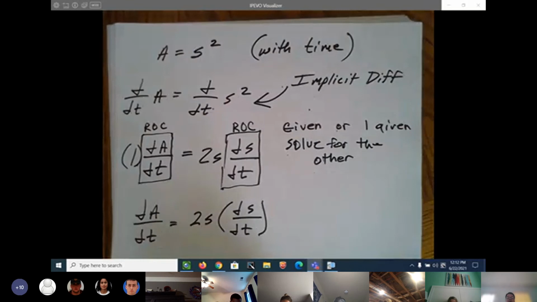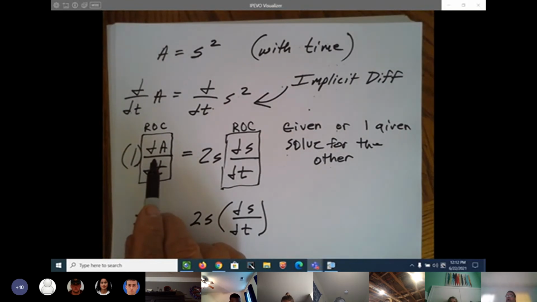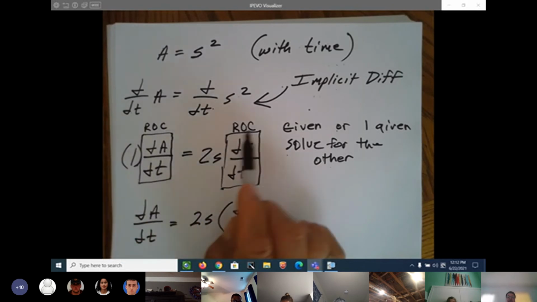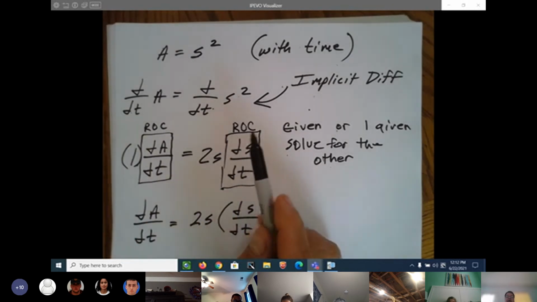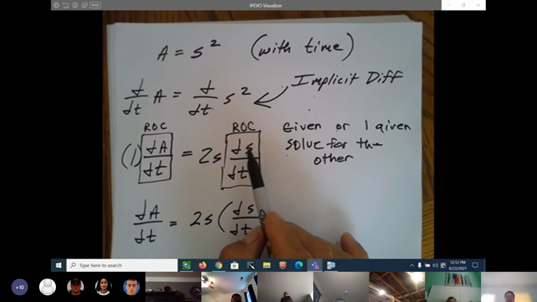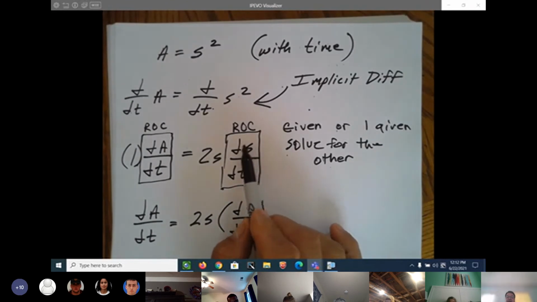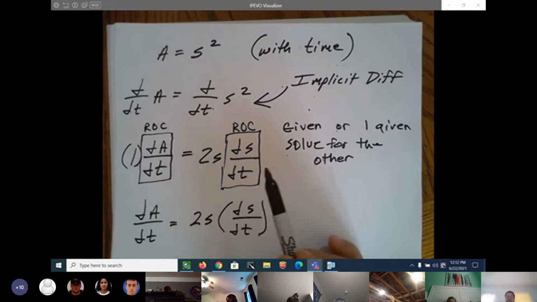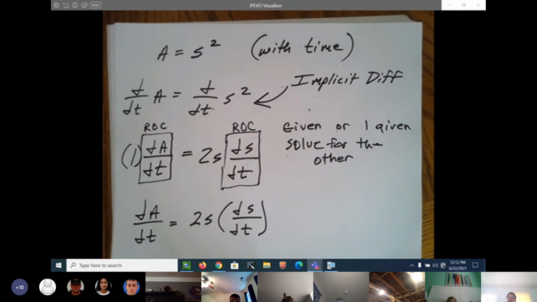Okay? So this would be area. Let's say the area changes on a circle 3 meters squared per second. That would be dA over dt. The length changes every 5 seconds. That would be ds/dt.